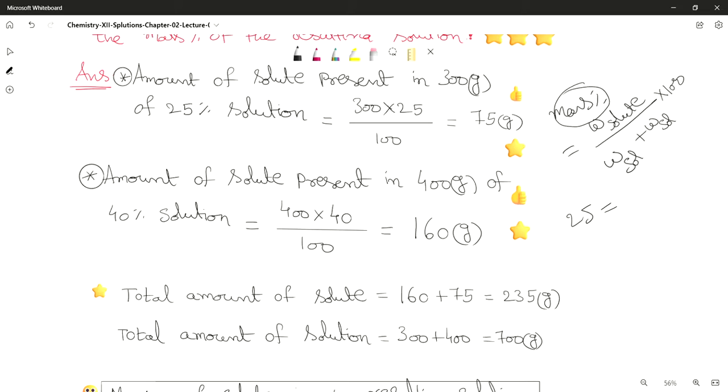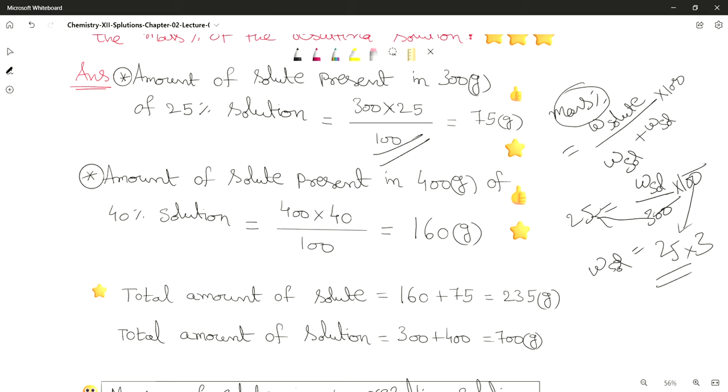You have to find the numerator, that is the weight of the solute, divided by the weight of the solution, which is 300 as given, and multiplied by 100. So the weight of the solute is this number. That's how you calculate. 300 you transpose to the other side, and then 100 you transpose to the other side. So that's it, 25 multiplied by 3. You can cancel these things here itself and then multiply 3 over there. I hope you understood what I said.